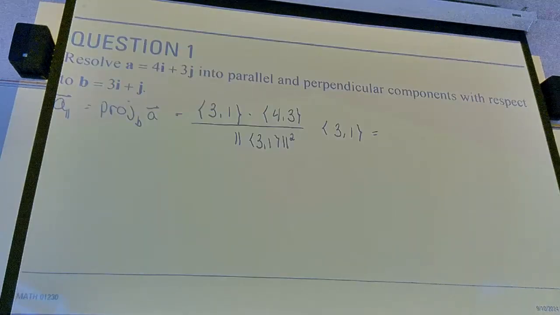What is the dot product? B dot A. It's 15. Three times 4 plus 1 times 3. What's that magnitude?